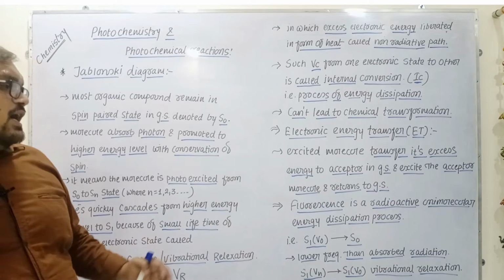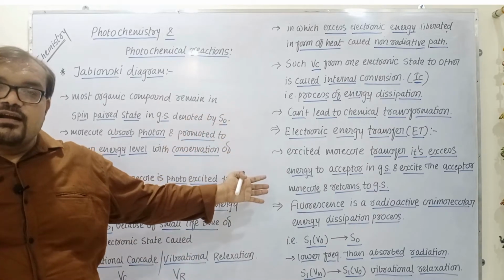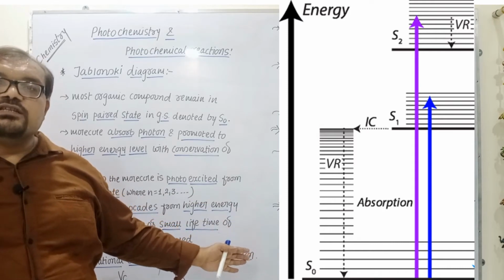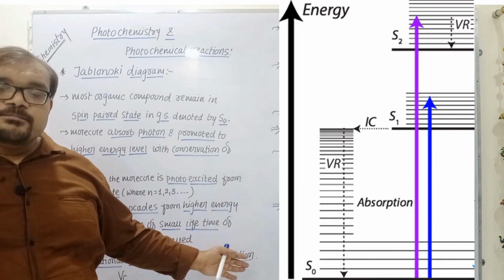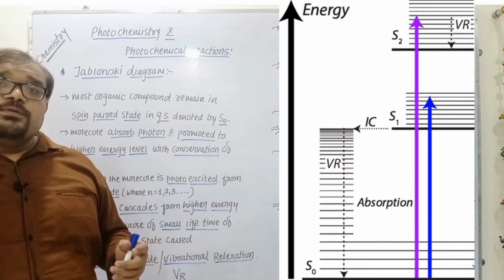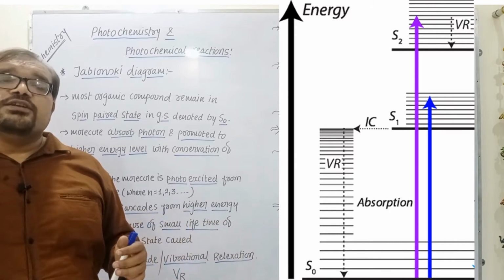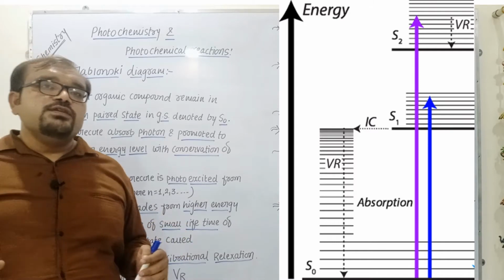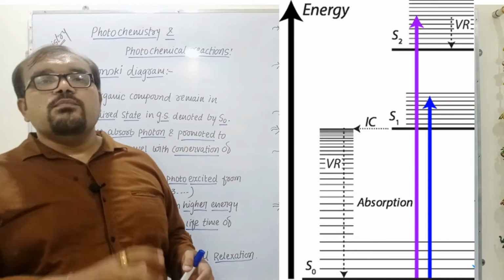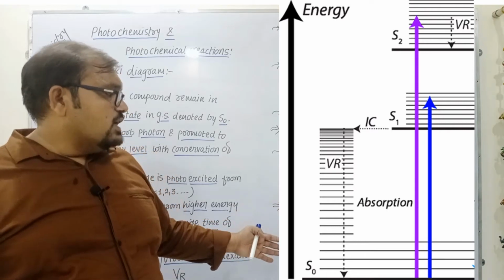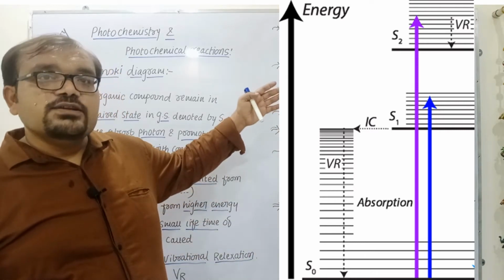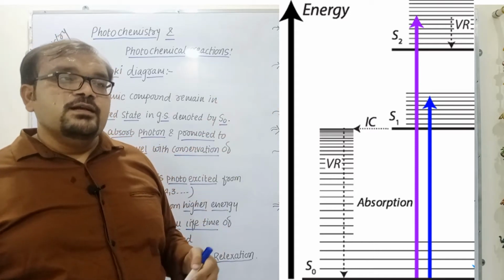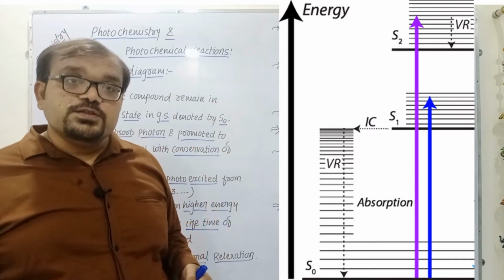As we can see in the chart, when the molecule remains in the ground state, denoted by S0, such a molecule has electrons in a spin-paired state, as we discussed. Then when we apply energy in the form of photons, such electrons are excited to a higher energy level, which is called photoexcitation, with conservation of spin.